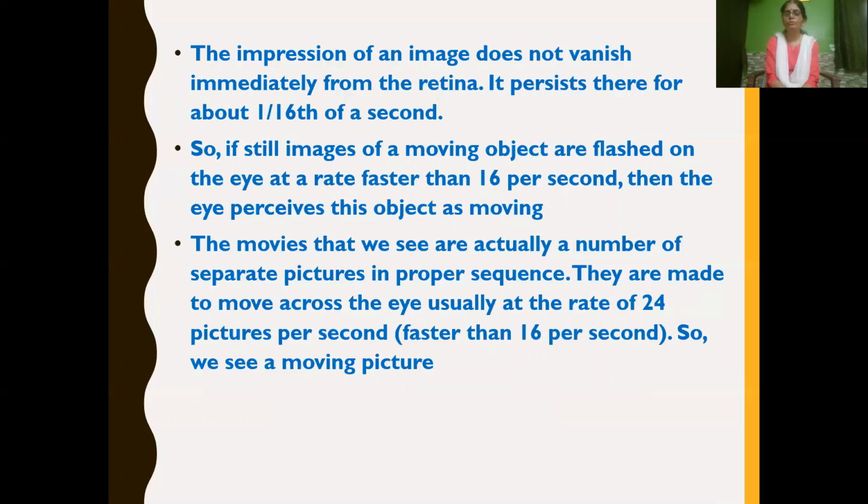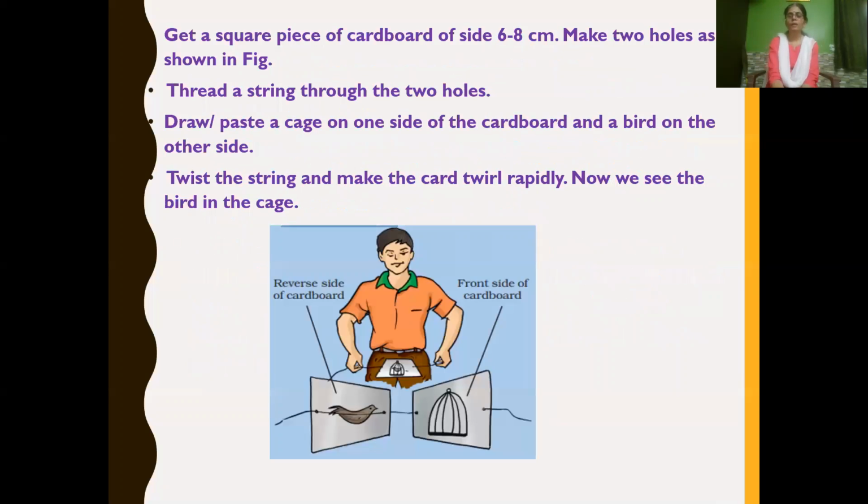They are made to move across the eye, usually at the rate of 24 pictures per second, which is faster than 16 per second. So we see a moving picture. So persistence of an image exists only for 1/16th of a second.